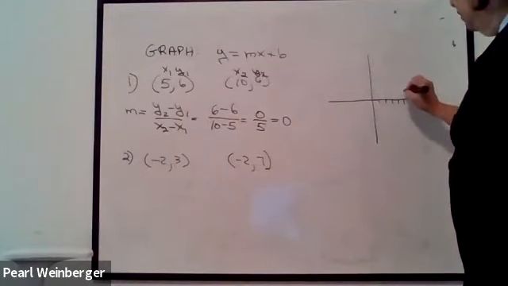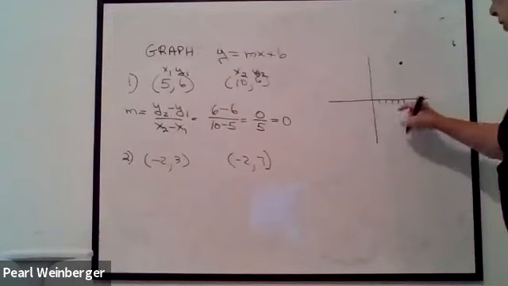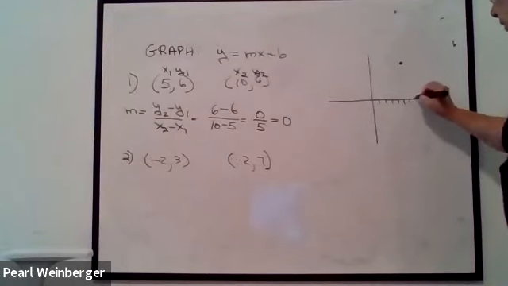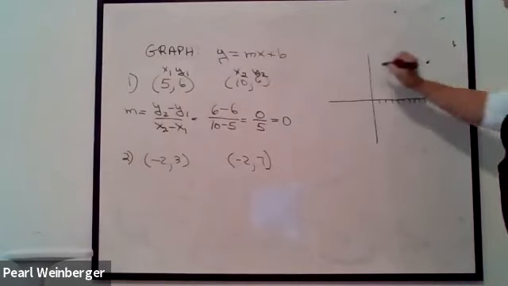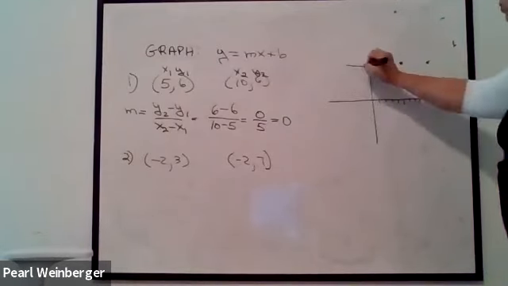The second point is 10, 6. So here it's 1, 2, 3, 4, 5, 6, 7, 8, 9, 10, and up 6. And if I connect these 2 points, I get a line that looks like this.